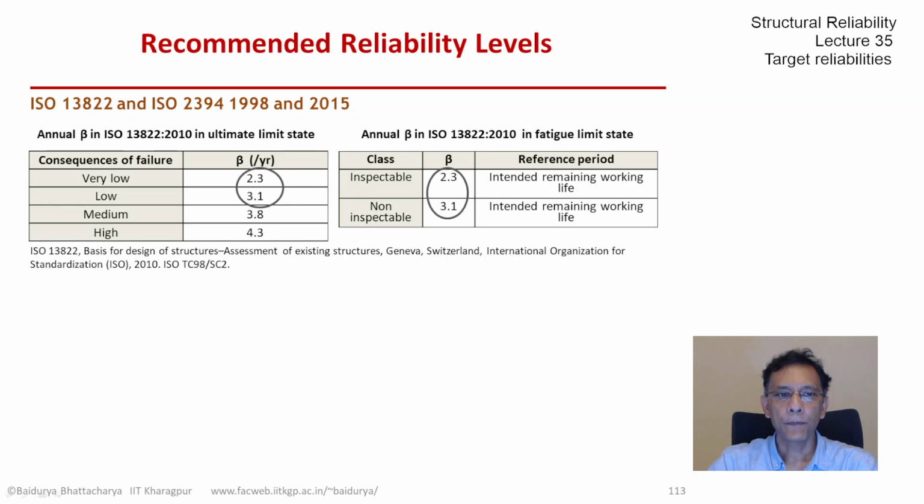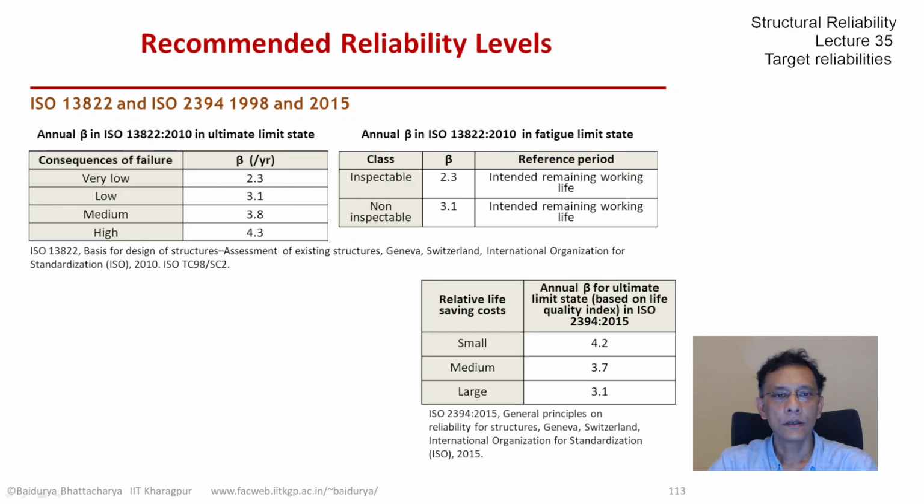Now, moving on to the 2394 documents, let's see the latest revision first. So what we have here is an example of annual permissible beta values in ultimate limit state, now with 3 different levels of cost to save lives.